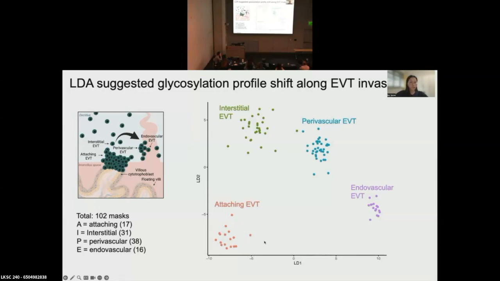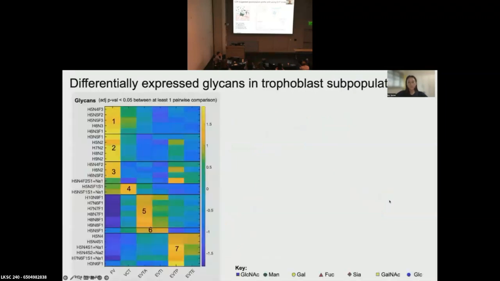We thought this was a cool result because this suggests that LD1 on the x-axis is separating the glycosylation profile in the trophoblast in the order of the invasion trajectory from the attaching trophoblast to the interstitial trophoblast, followed by perivascular trophoblasts that are gathering around the spiral arteries, and finally endovascular trophoblasts that have invaded into the spiral arteries.